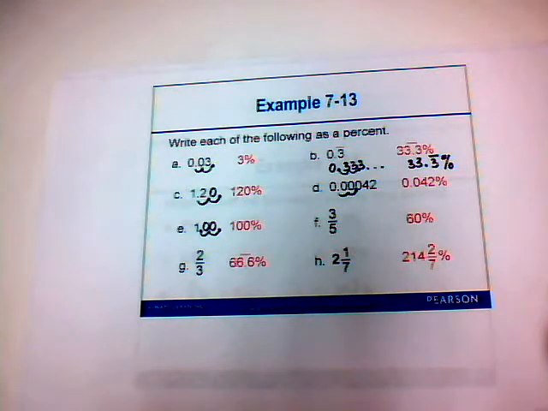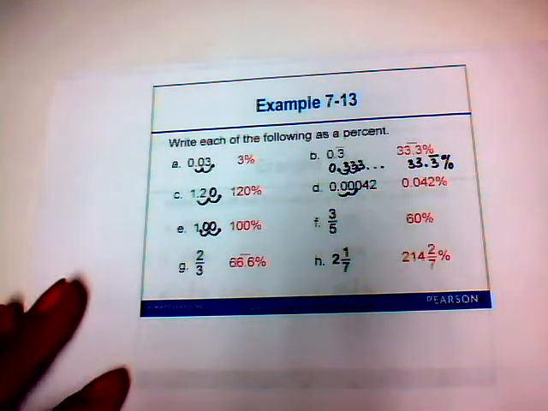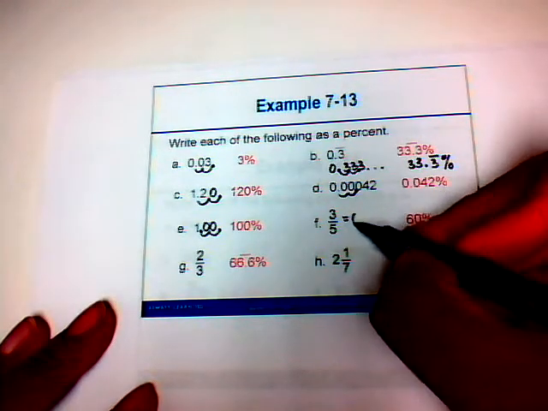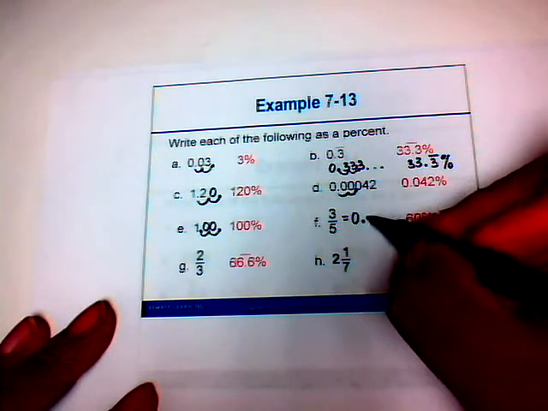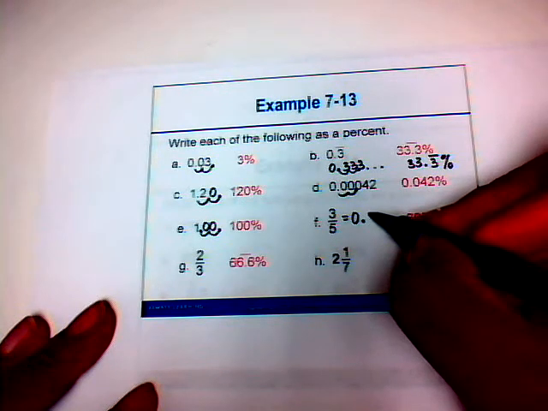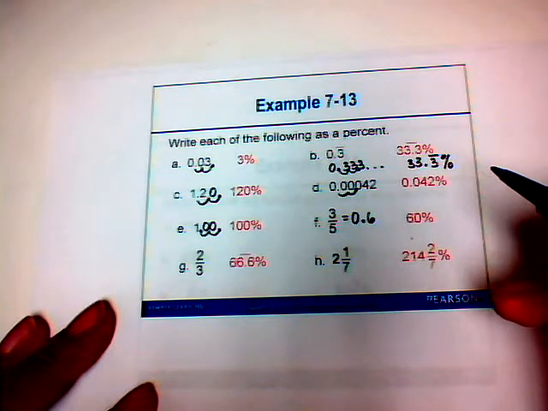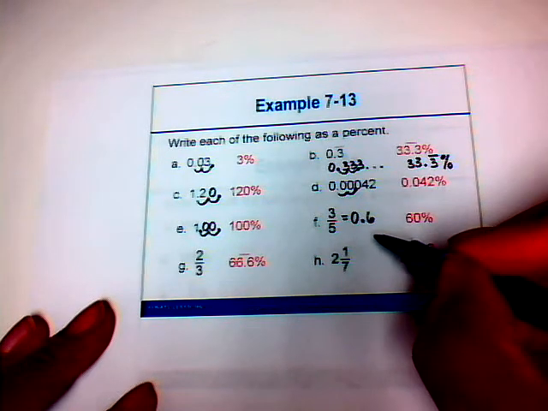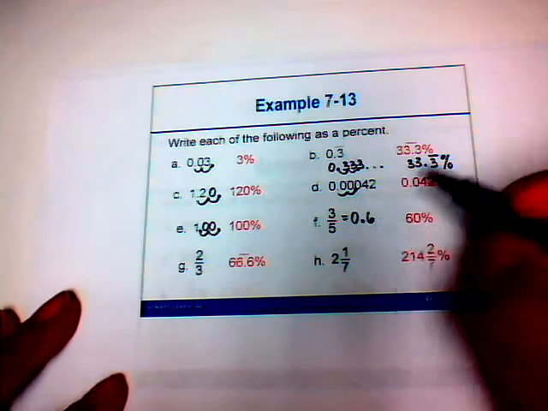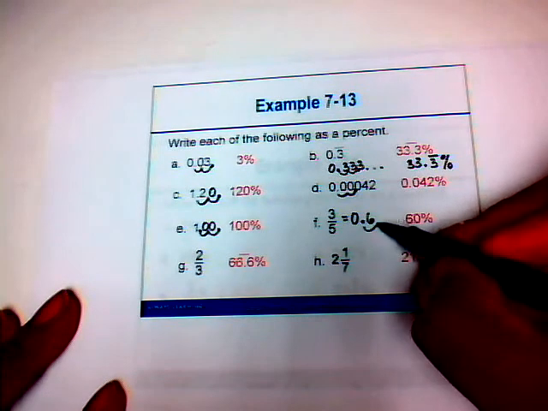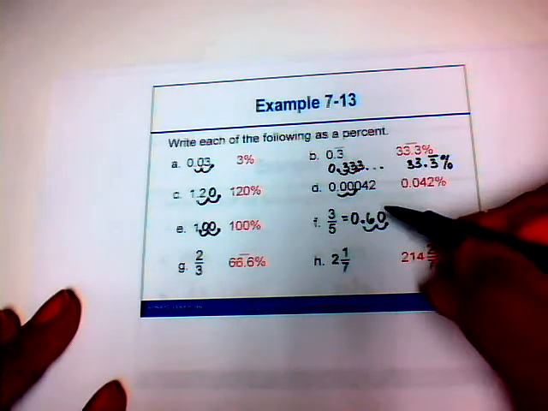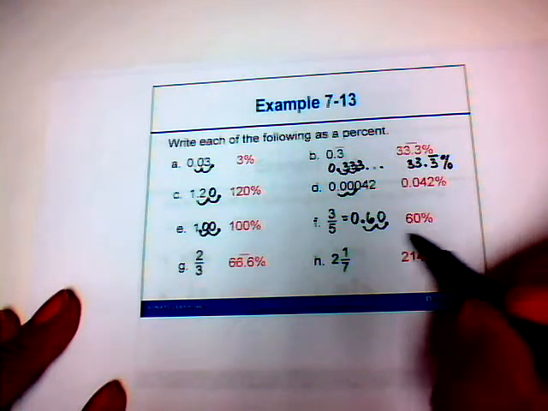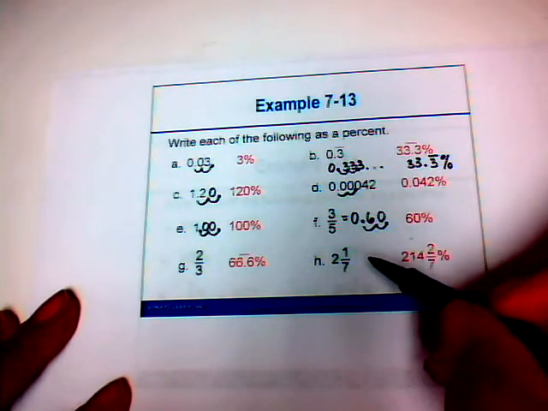You can convert 3/5 by doing 3 divided by 5 using long division, and you'll end up with 0.6. So 3/5 as a decimal will be 0.6. But you want to convert it to a percent, so we need to move this decimal point 2 places to the right and put a 0 behind it.